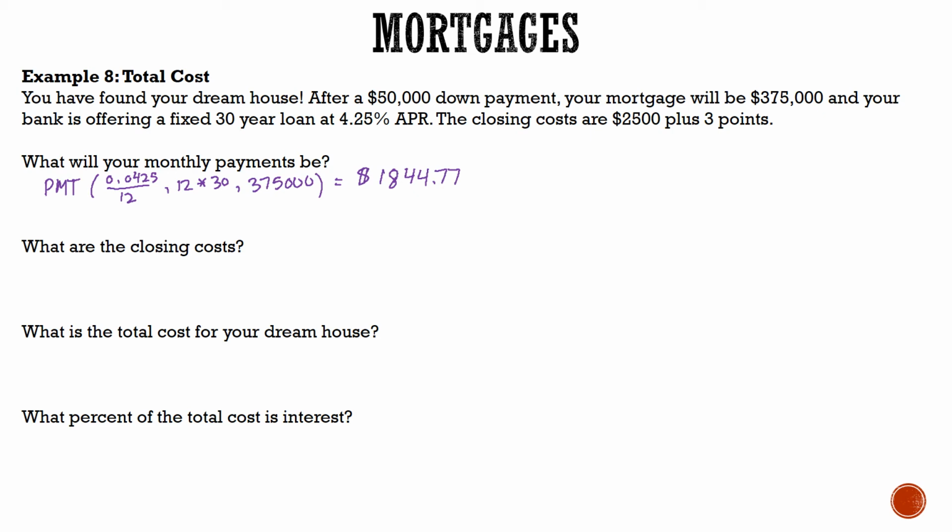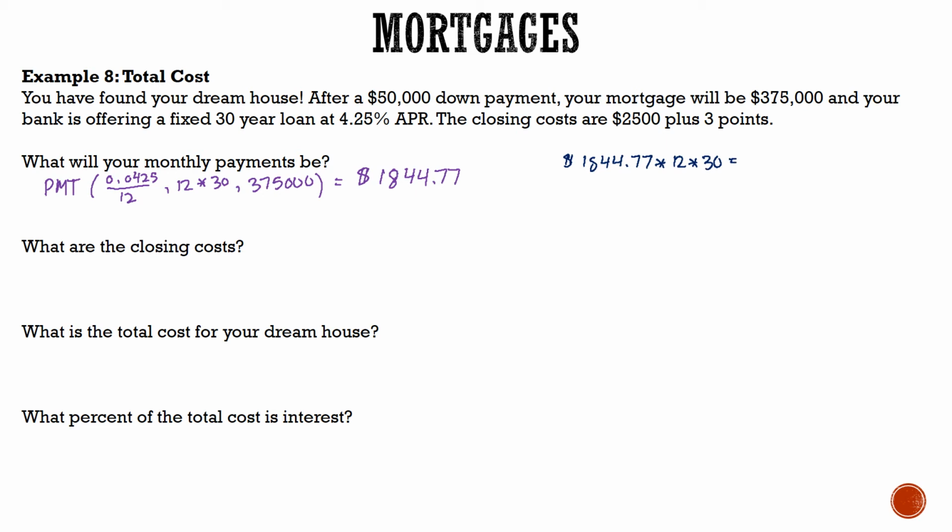Now I'm going to over here also calculate how much all those payments are going to add up to over the 30 years, just to have that tucked out of the way. So we're going to have $1,844.77 per month times 12 months times 30 years.